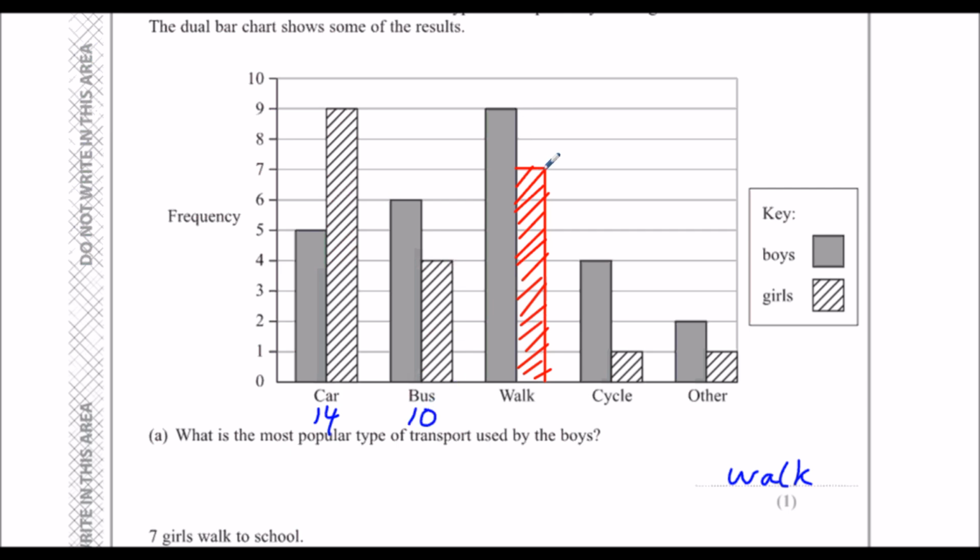We've got 9 and 7 here. That makes 16. 4 and 1 here, which is 5, and 2 and 1 here, which is 3. Remember, we do have a calculator in this exam, so you could be doing all of these calculations on the calculator. So you don't have to do any of this in your head.